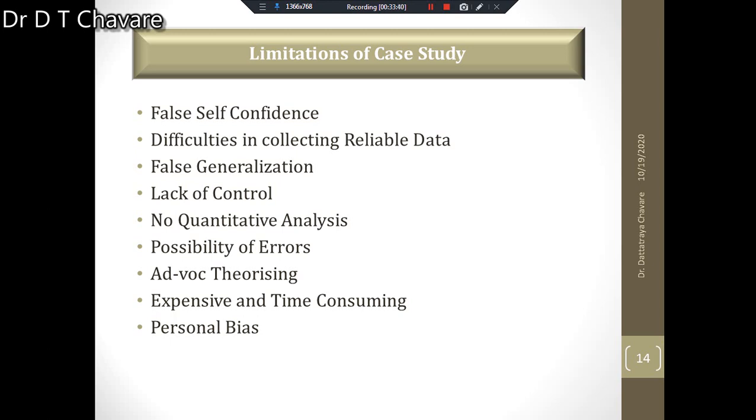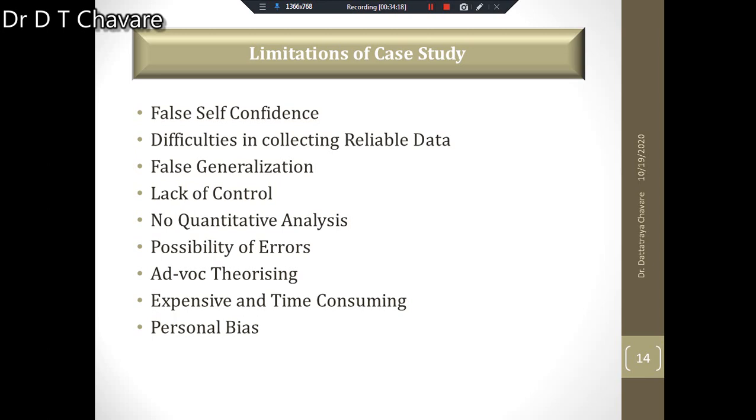Then ad hoc theorizing. In case study, instead of rational, deductively derived explanation, ad hoc theorizing is very likely. It emphasizes common sense explanation which has no proper scientific base. There should be a scientific base for each and every explanation, and if there is no proper scientific base, such theorizing is called ad hoc theorizing. This limitation we also have to understand as students of research.